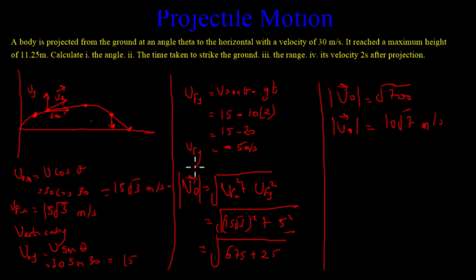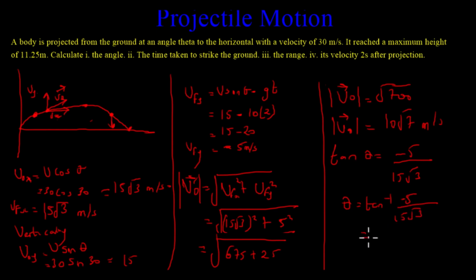So again, this is VFY, this is VFX. So I'm simply going to be taking the tan ratio. So tan theta would now be equal to minus 5 divided by 15 root 3, and then theta will be equal to tan inverse of minus 5 over 15 root 3.